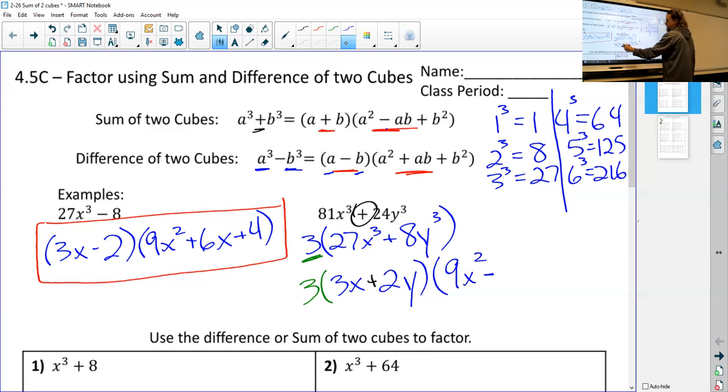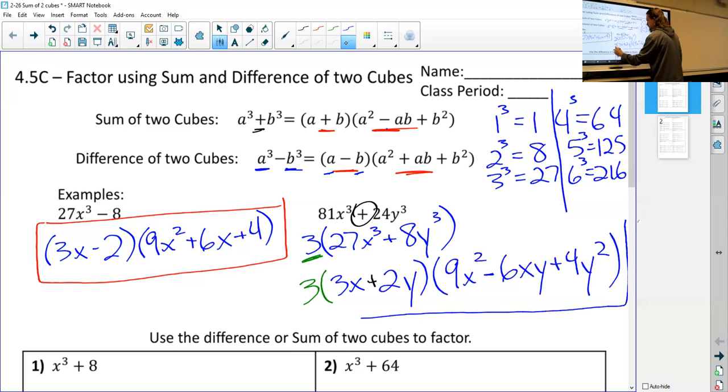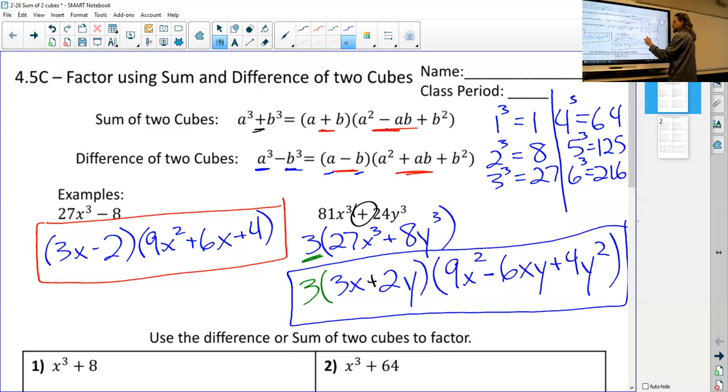I'm still going to multiply them together, so 3x times 2y would be 6xy. And then it's always plus b squared at the end, so 2y times 2y is 4y squared. So this whole thing is equivalent to our original expression.